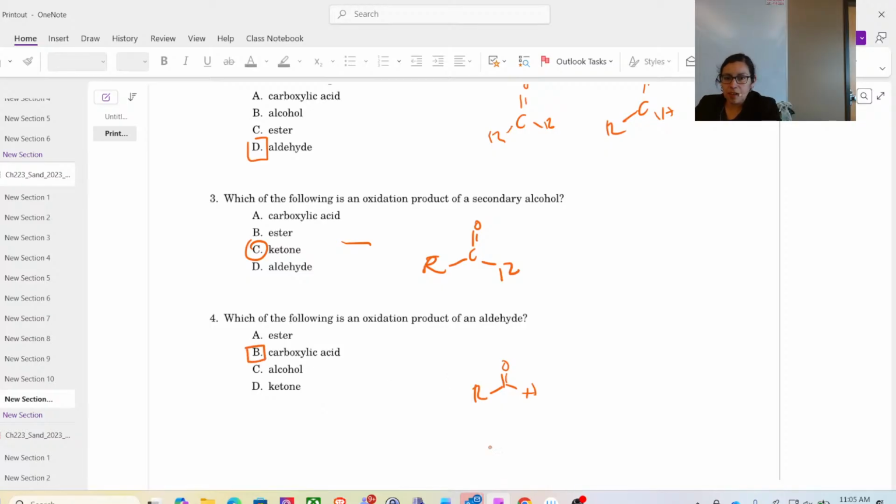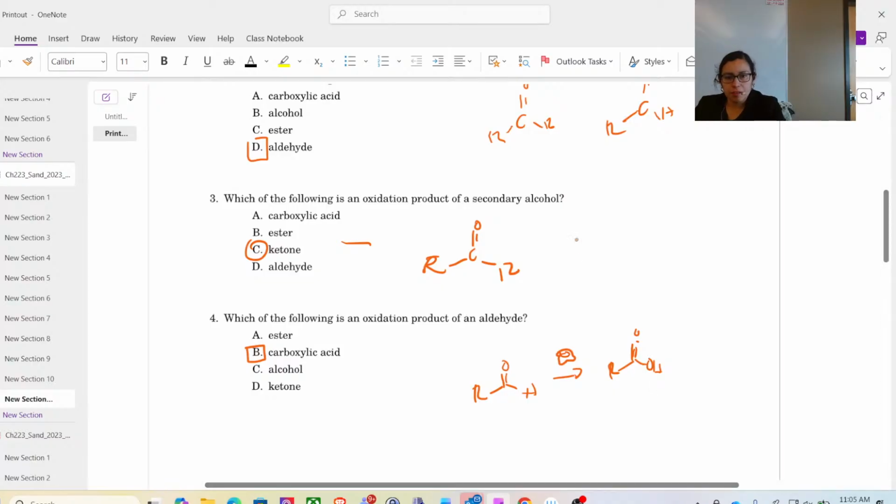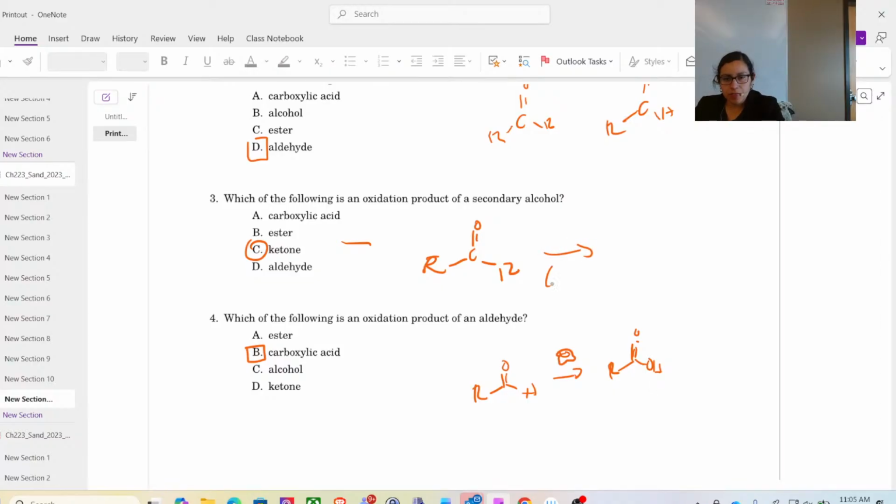Nice, carboxylic acid. And again, there's the distinction: no H to lose, so it cannot make the carboxylic acid.